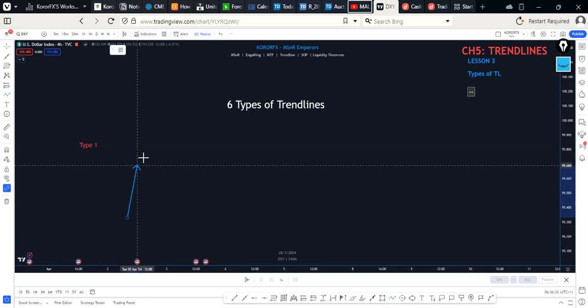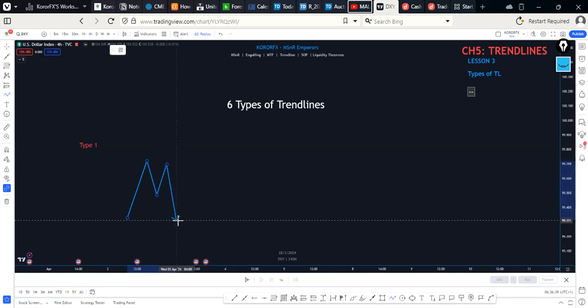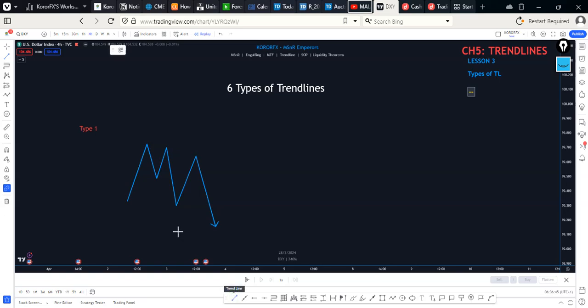For example, price is really forming something like this, and then comes back and then falls off, and this type of trend line is really a reversal. Alright, reversal trend line.